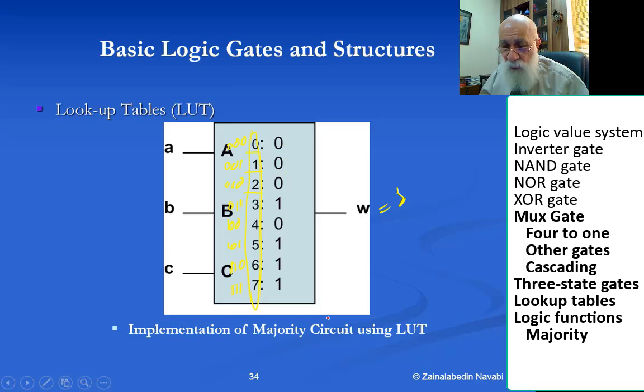The output becomes 1 when 2 or more of the inputs are 1. If A is 1 and B is also 1, I'm sure the output is going to be 1. When A is 1 and C is 1, I'm sure the output is going to be 1. Or when A, B, and C, all three of them are 1, then the output is going to be 1 too. What it means is I have programmed this lookup table to function as such.